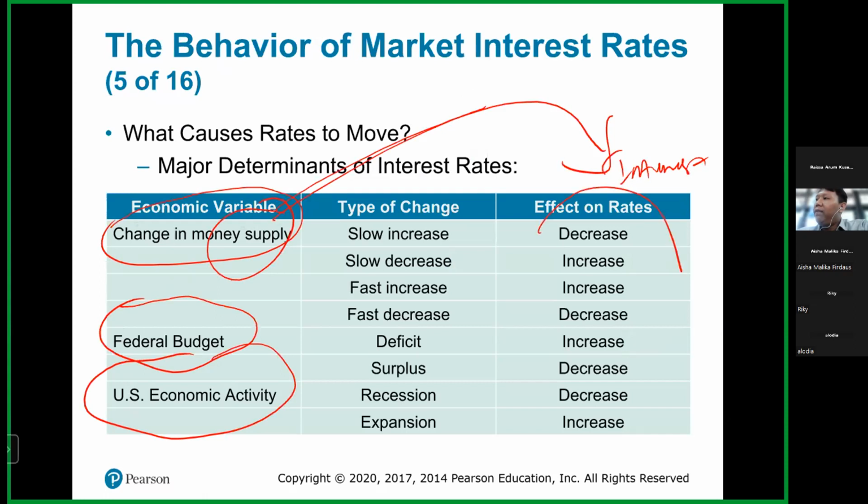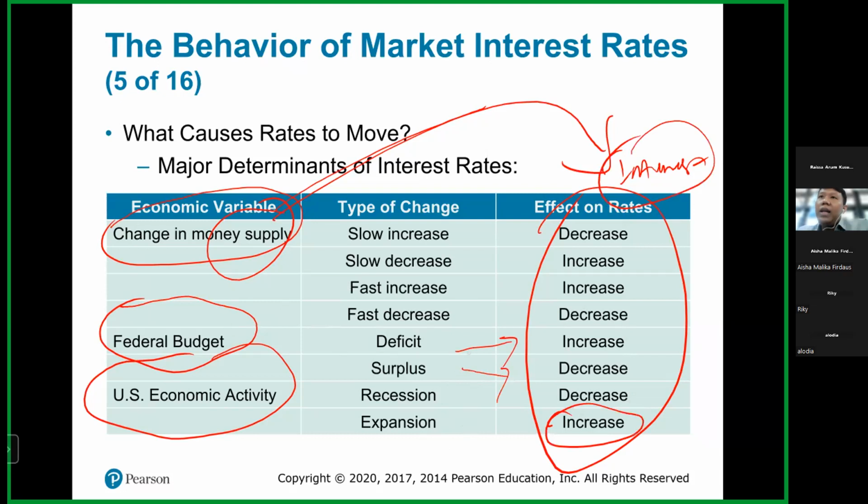A deficit or a surplus in the federal budget will lead to an increase or decrease in interest rate. For example, if we have a recession, the interest rate will decrease. But if we have an economic expansion, we expect the interest rate to increase.